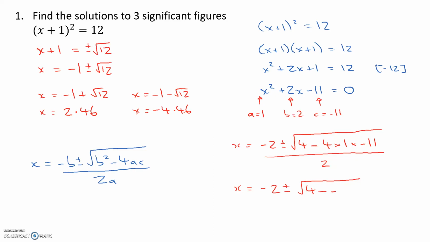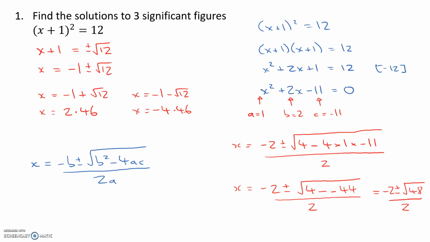So we've got minus minus, careful, 44, all over 2, which is the same as minus 2 plus or minus the square root of 4 plus 44, root 48, all over 2. Now if you're good with surds, you might be able to show that that's exactly the same as what I had on the left-hand side.